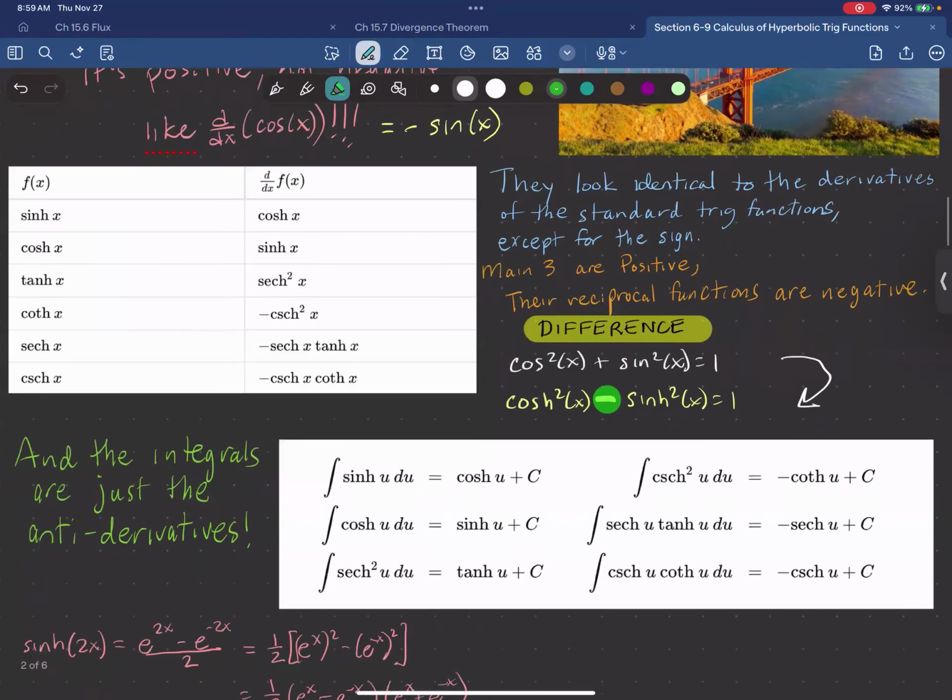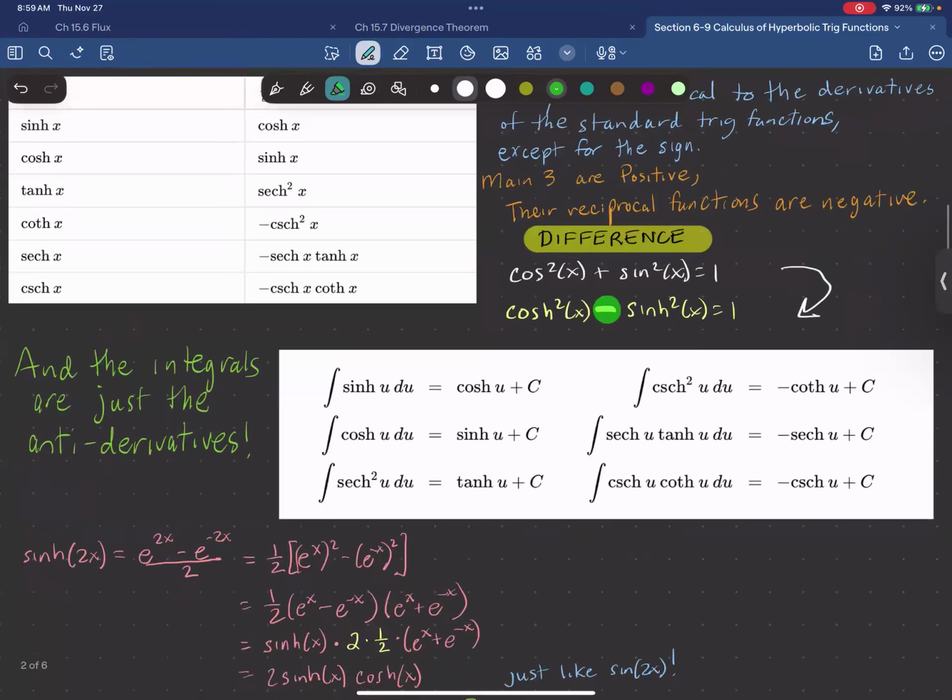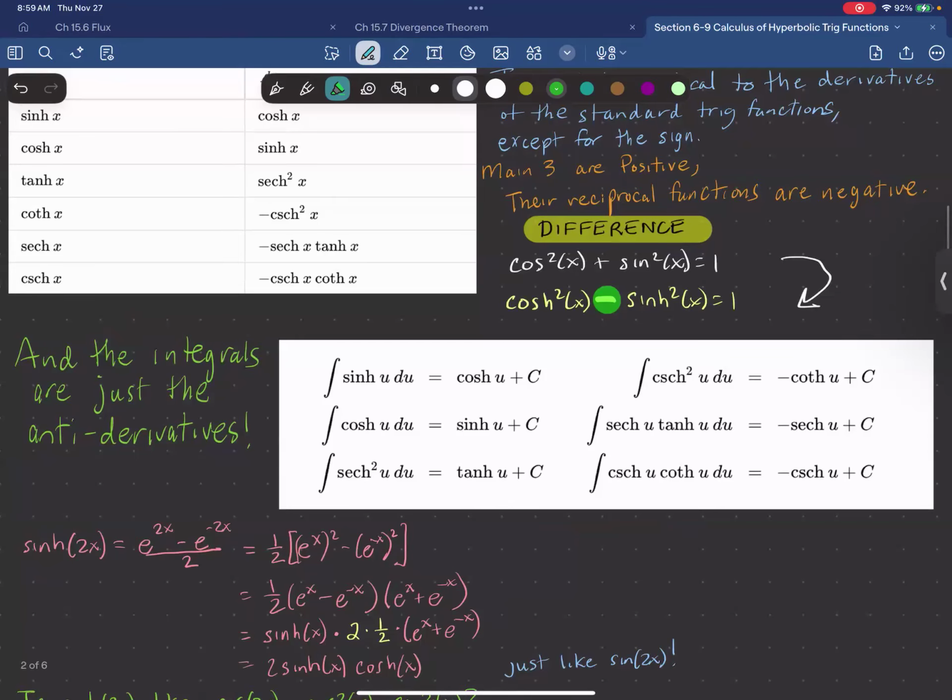In case you need them, the 2x functions, how do we get them? Let's look at hyperbolic sine. Let's work it out. We've got e to the 2x minus e to the negative 2x over 2. I'm going to rewrite it as e to the x squared and e to the negative x squared. This is a difference of squares, so we can factor it.